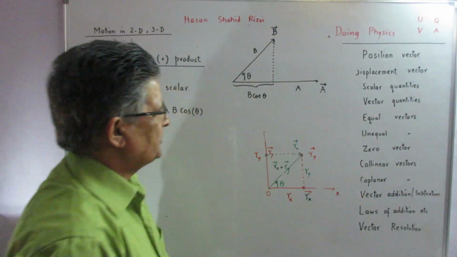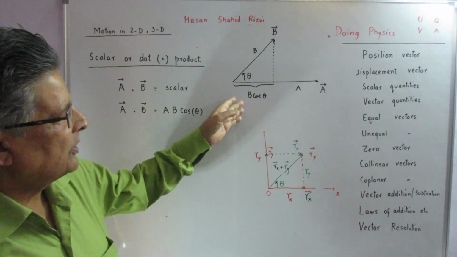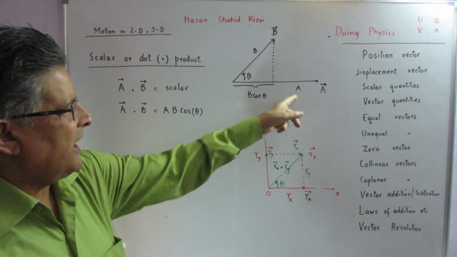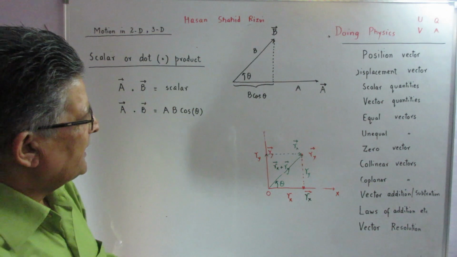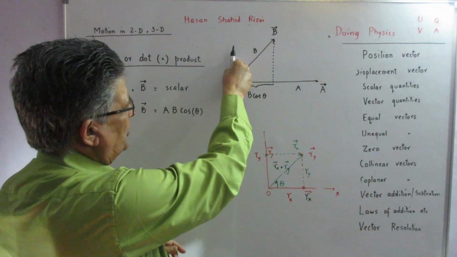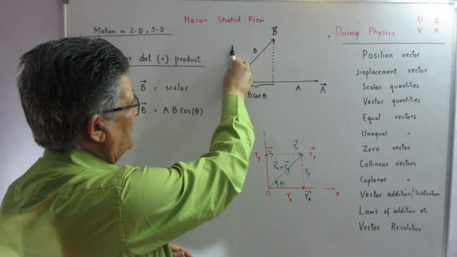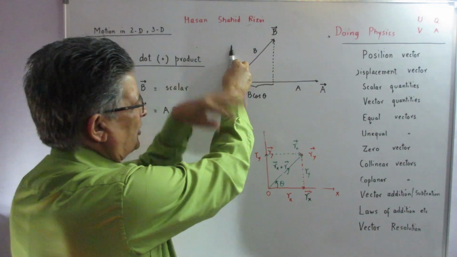So you can see these are two sets of things, A and B cos theta, and if I put the B cos theta here on the same axis or draw another one.